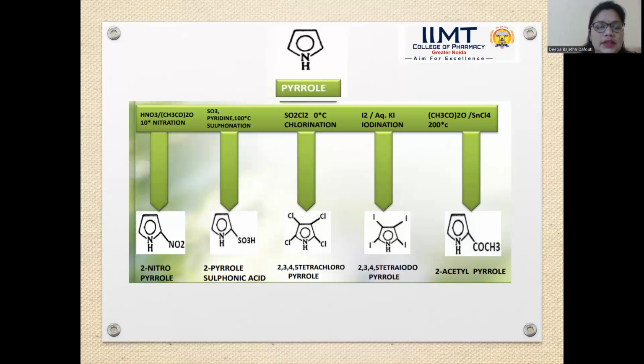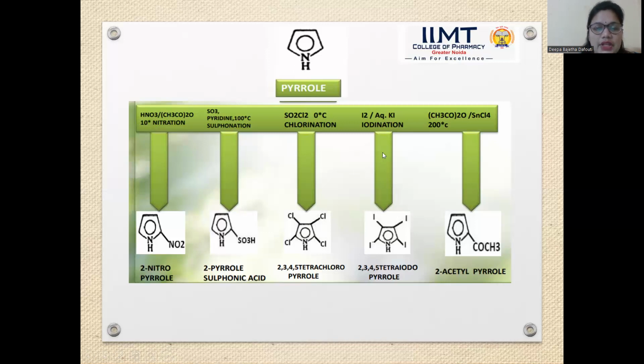Next, in the chlorination reaction, when we treat pyrrole with sulfuryl chloride, it gives 2,3,4,5-tetrachloropyrrole. At the second, third, fourth and fifth positions, chlorine will be attached.